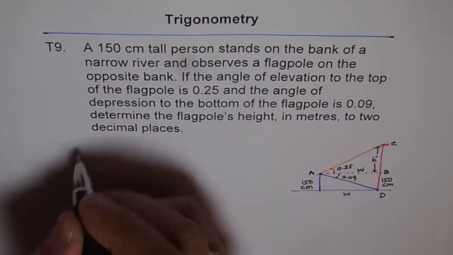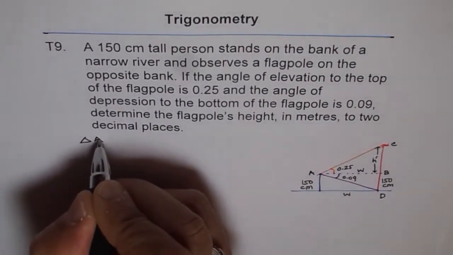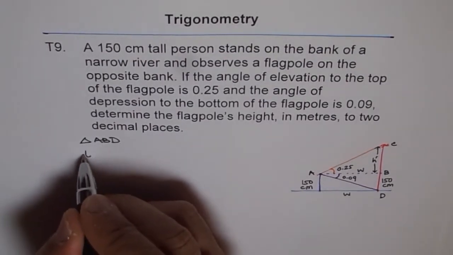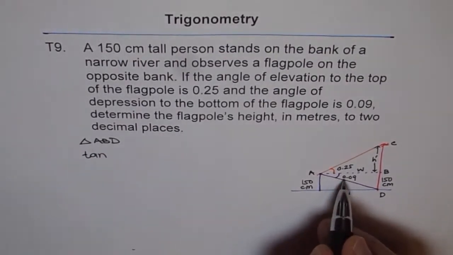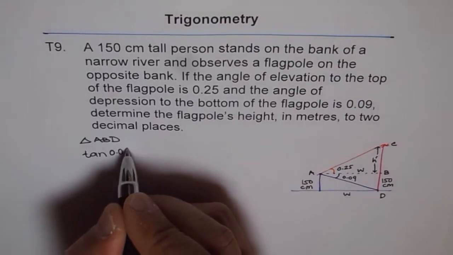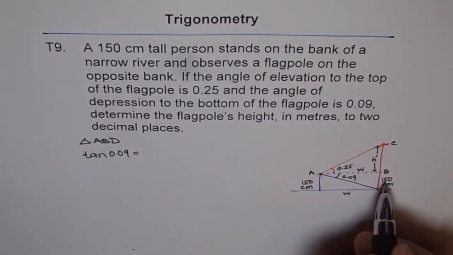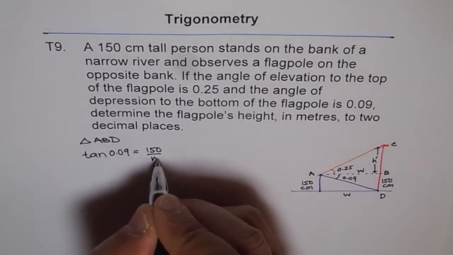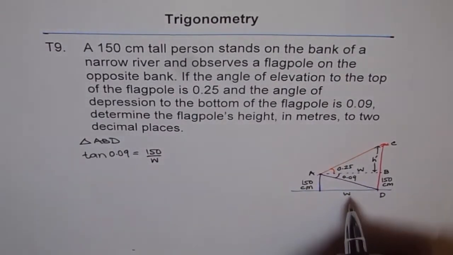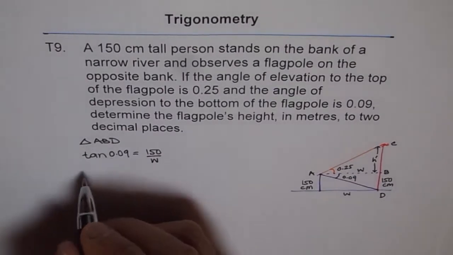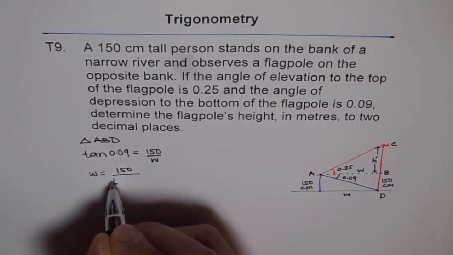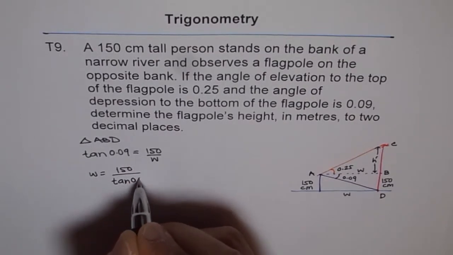In triangle ABD, we have tan of 0.09 equals 150 over W, where W is the width of this river. So W could be written as 150 divided by tan of 0.09.